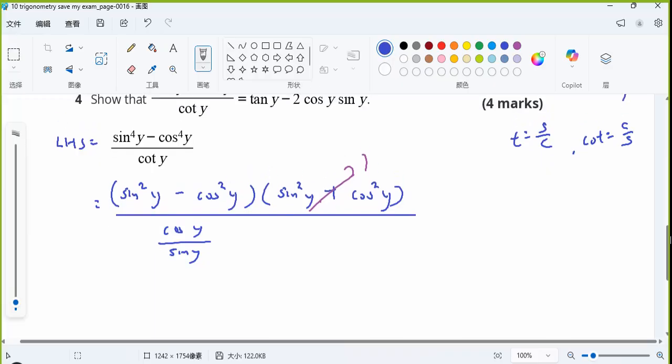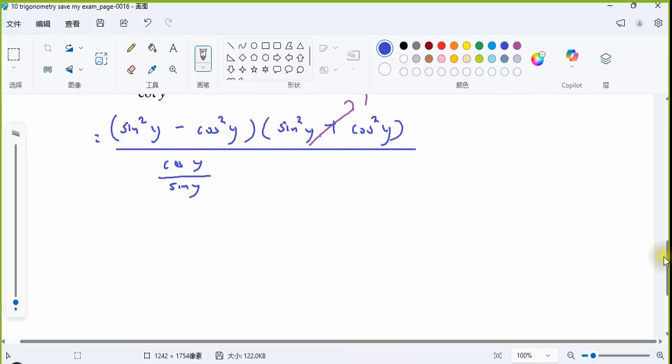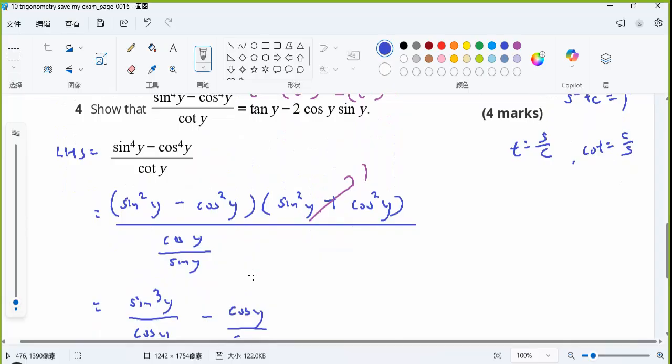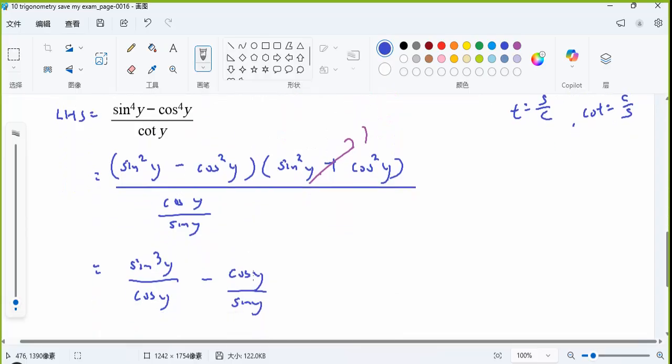So we will have the sine cube y over cos y minus the cos cube y over sine y.